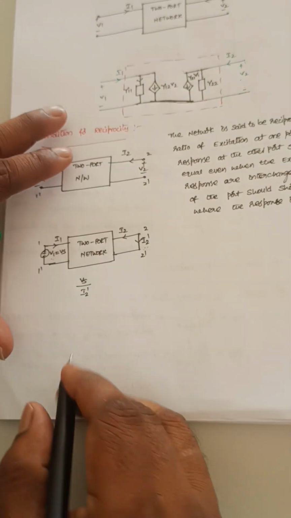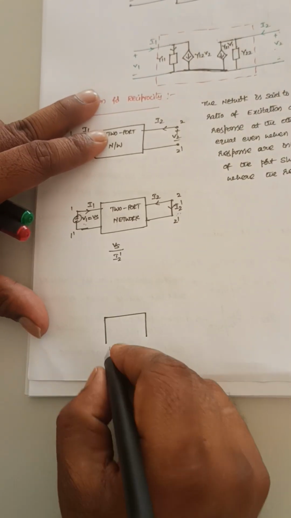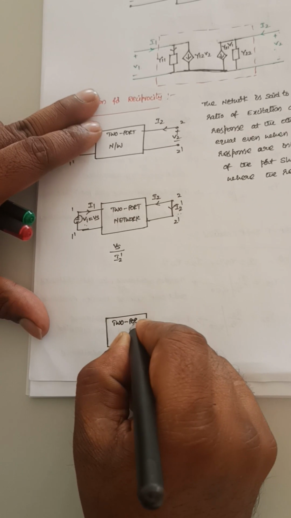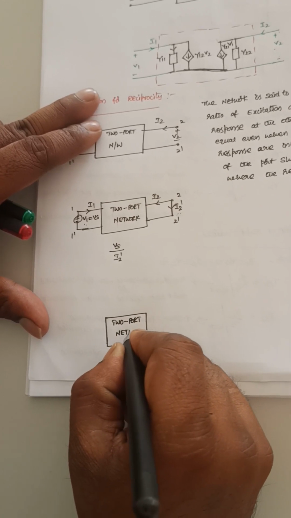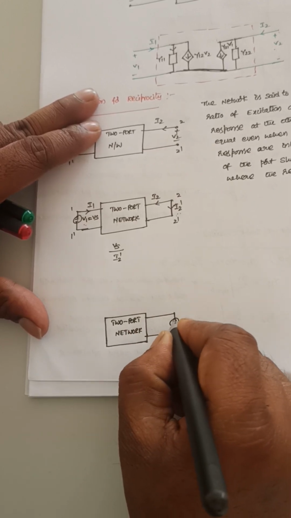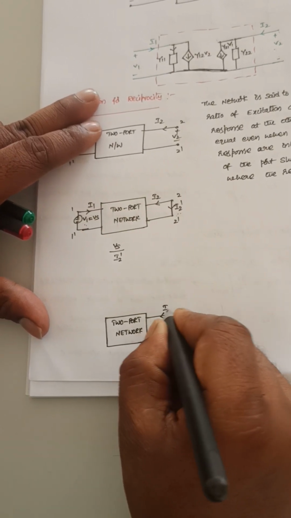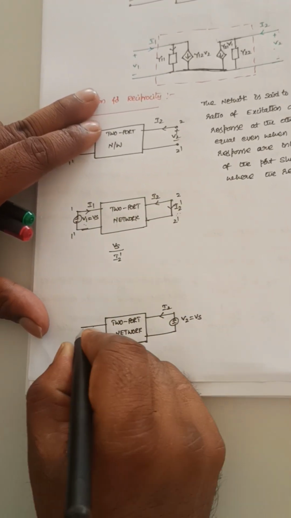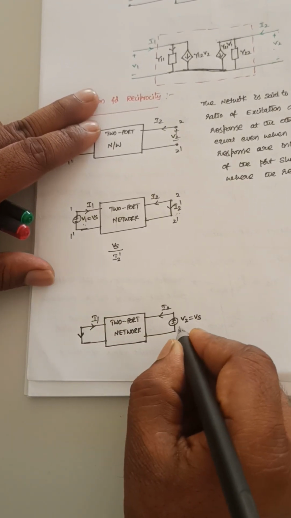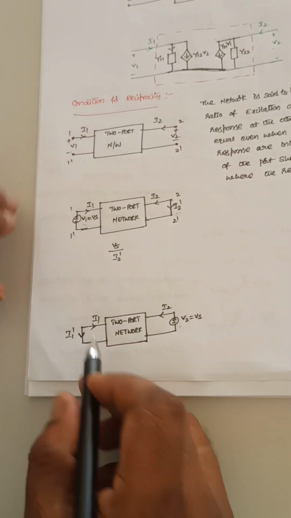That means even if I change the excitation and response here in the two-port network, now I am giving the excitation here, just interchanging this excitation and response. This is I2 and this is I1. This one is the excitation, this one is the response. I am calculating the response here.